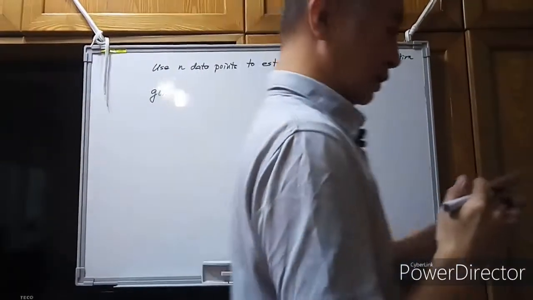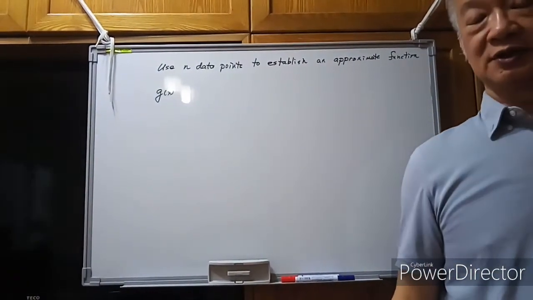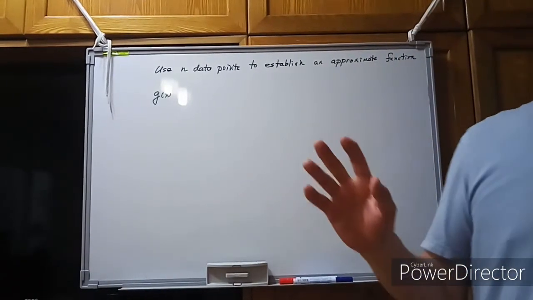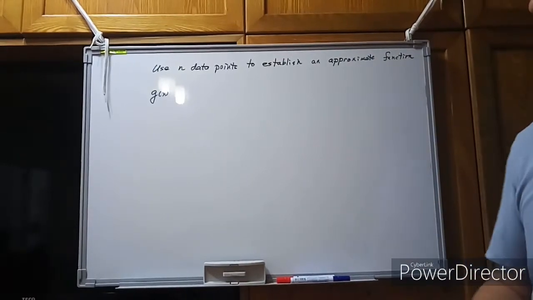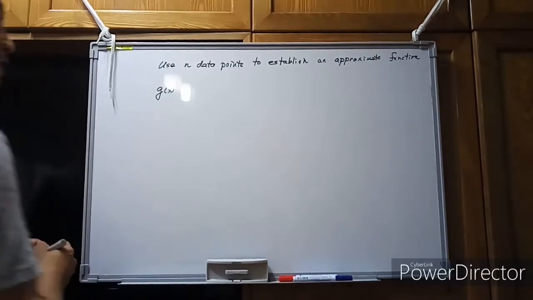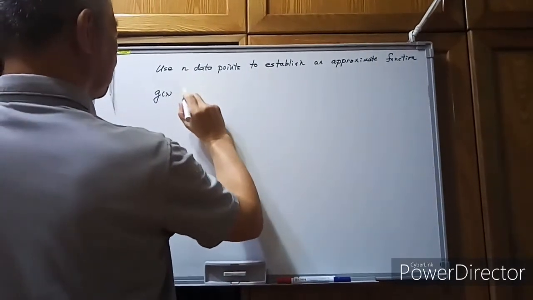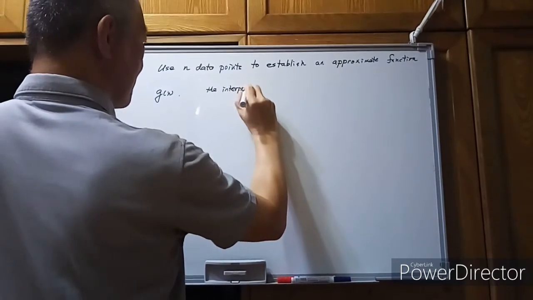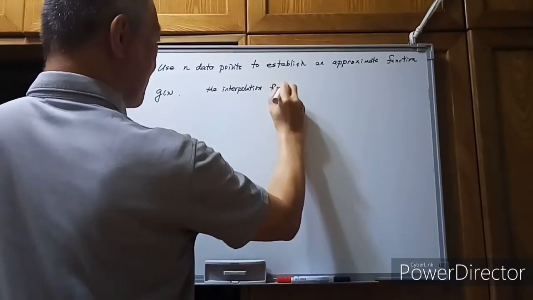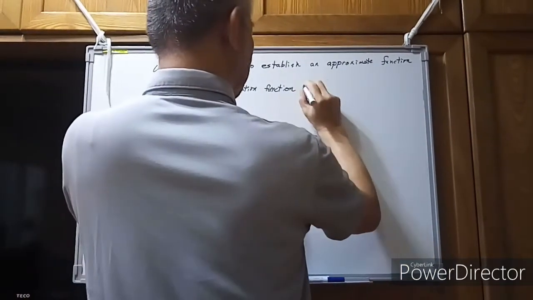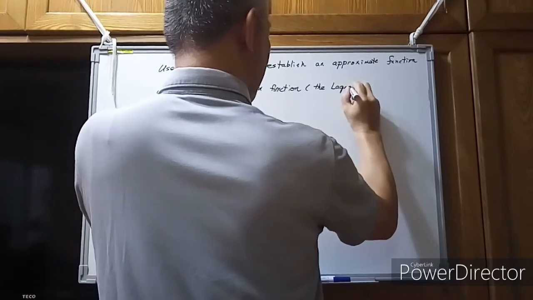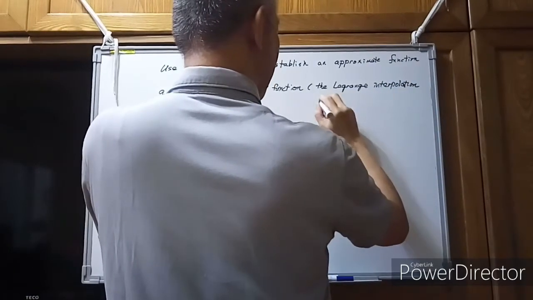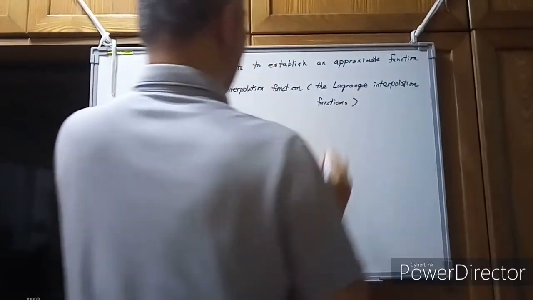We still use the data points to establish approximate functions, and the whole solution procedure to establish the g of x is very similar to the previous traditional methods, and we use the interpolation function. This is the Lagrange interpolation.